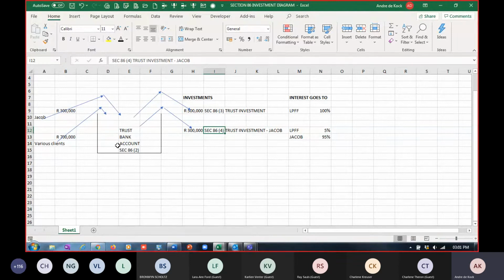The reason for that is because if I didn't do it that way, let's say I go down with Jacob to the bank and I say, listen, you can see this investment is Jacob's investment, pay it straight to him, then I wouldn't have any kind of audit trail in my books. I'd have to now pass journal entries.